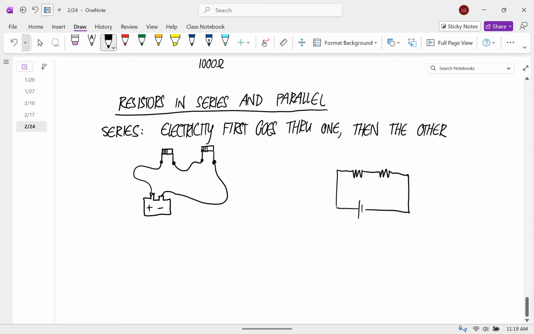And when you have a setup like this, the voltage is divided between the two resistors.